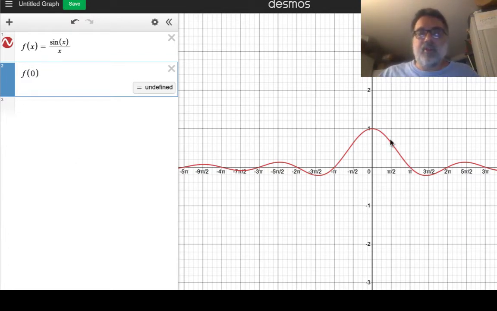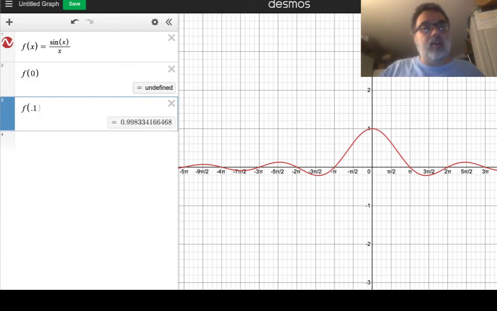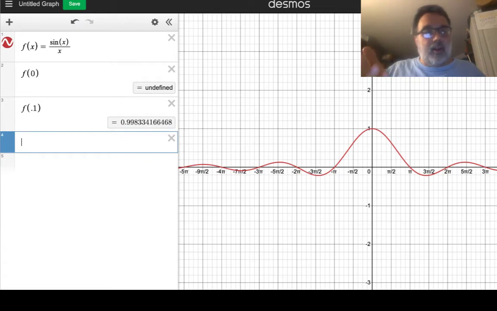But when we look at this graph, it has a limit. It's getting close to a number. It's close to 1 there, right? And we can see if we put in f of 0.1, well, we're already at 99 hundredths plus.